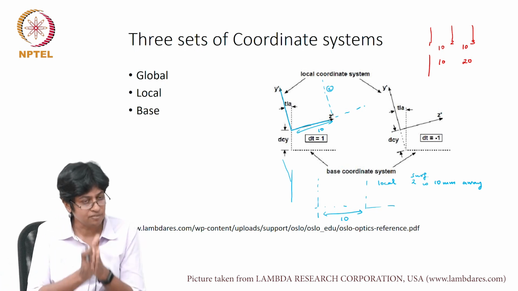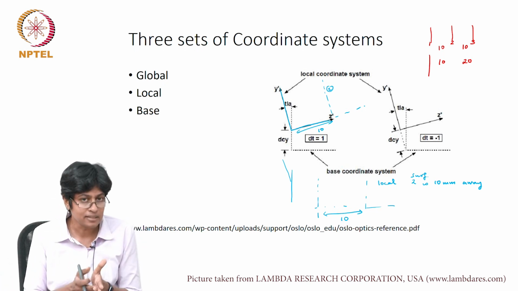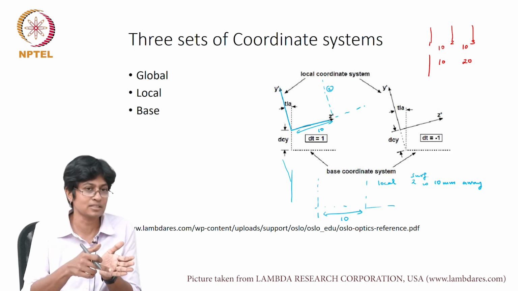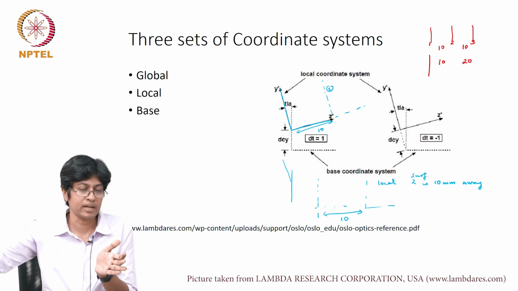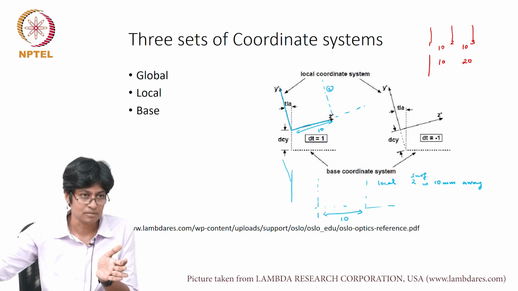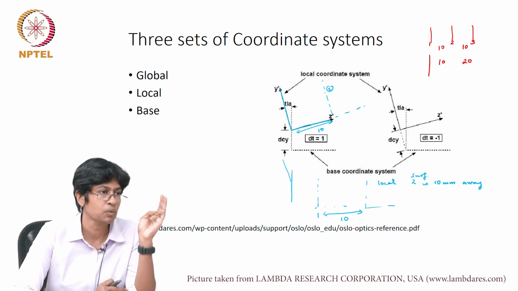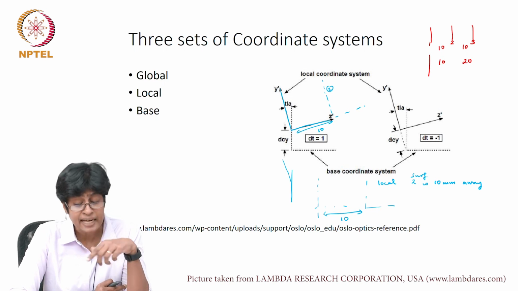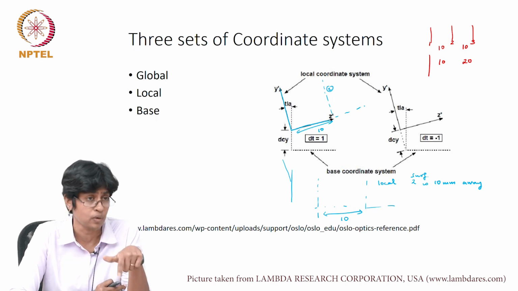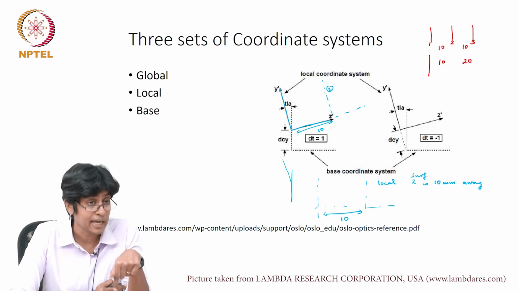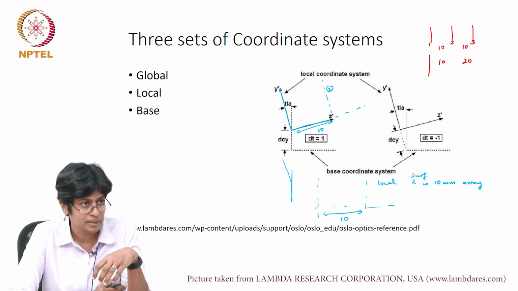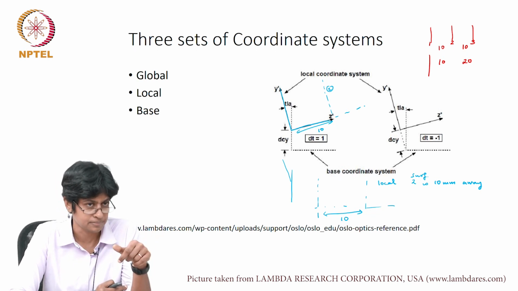Or I can say I have a surface and it's tilted and decentered, and its tilted decentered coordinate system acts as the coordinate system from which I define the location and orientation of the next surface. These are the 3 coordinate systems you need to be familiar with. Okay? And as we go along, you will understand why it's important to have local and base. I can achieve everything using both local and base or the global coordinate system. Okay.